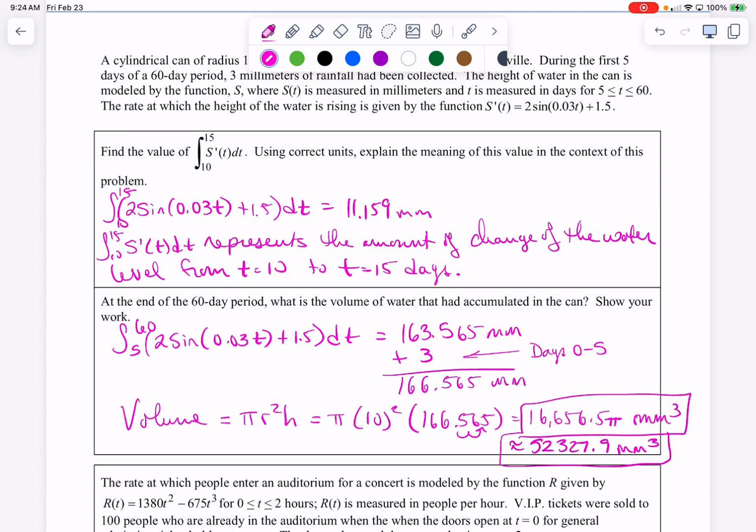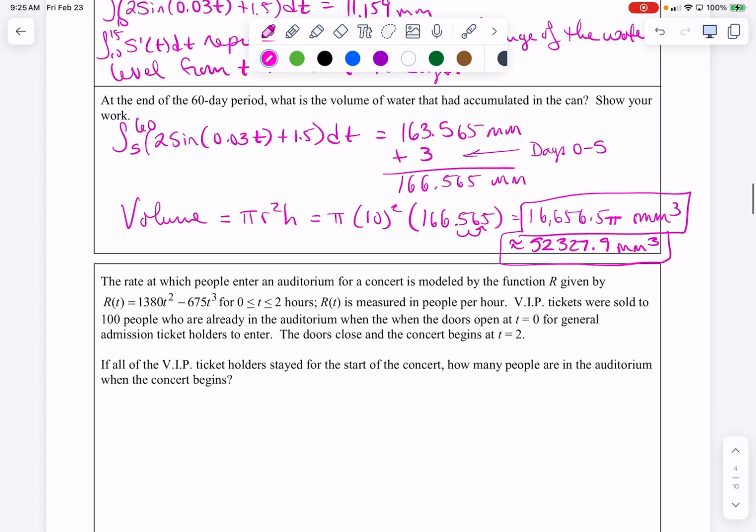It's okay as long as you don't make a mistake. That's the thing. You don't want to make a mistake and then that costs you points because then it's not in an equivalent form. So watch how much you simplify things. You don't want to simplify so much that you make a mistake and then cost yourself points.